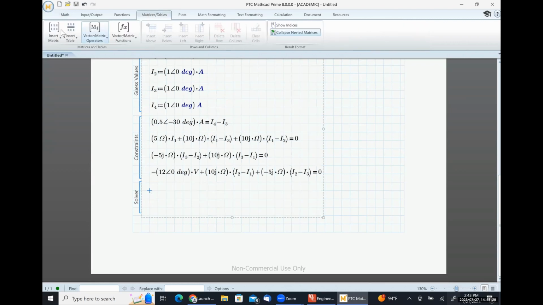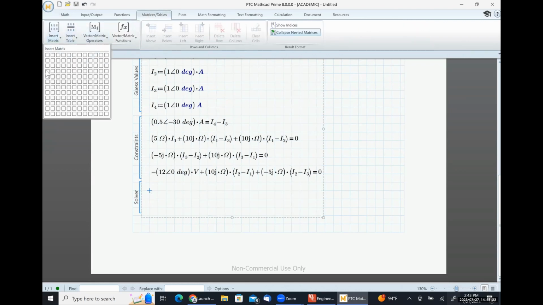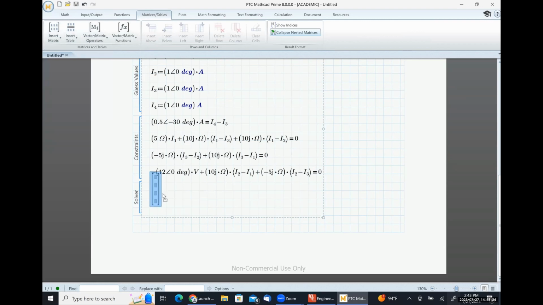So I'm going to put a 4x1 matrix. Find I1, I2, I3, and I4. And we have no solution found.